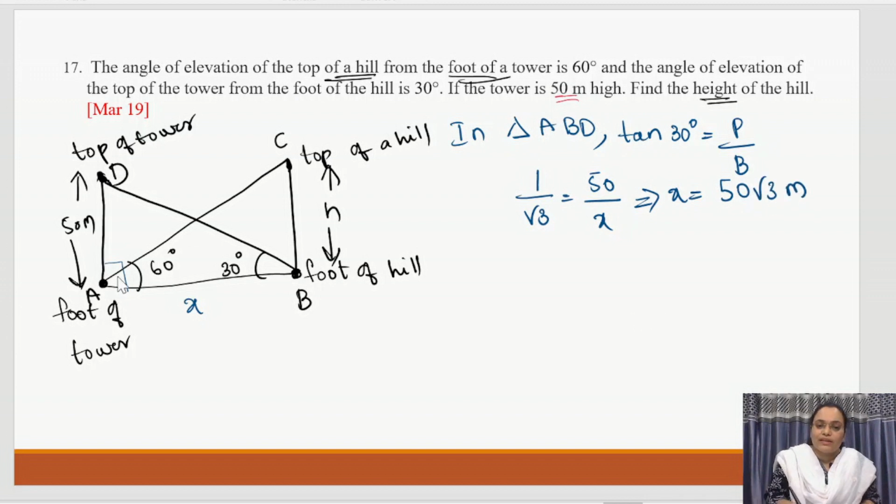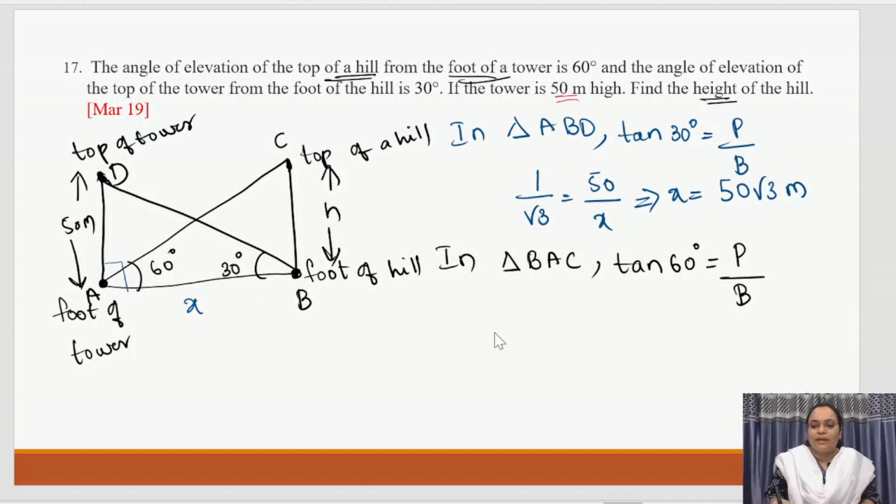Now, what is the triangle? We can take triangle BAC. In triangle BAC, the angle here is 60 degrees. So we can apply tan 60 degrees is equals to the opposite side, that is perpendicular, by base.